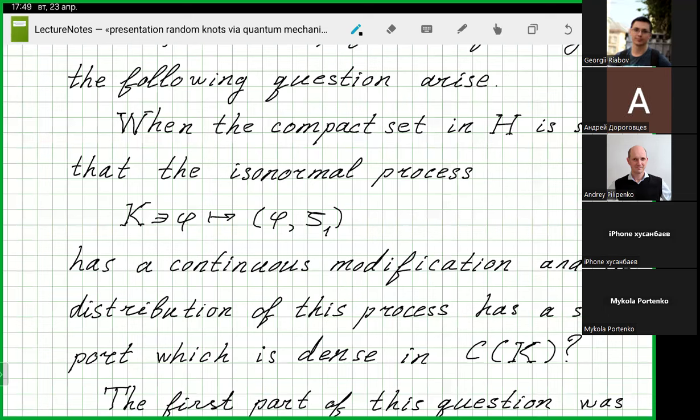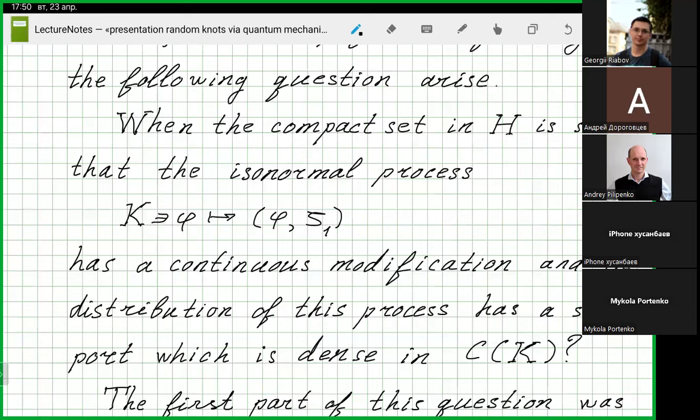You see, so this is a problem. And as we will see further, this is not very easy, but it is formulated very shortly and nicely: when is the compact such that the isonormal process on this compact has support equal to the space of all continuous functions on K?